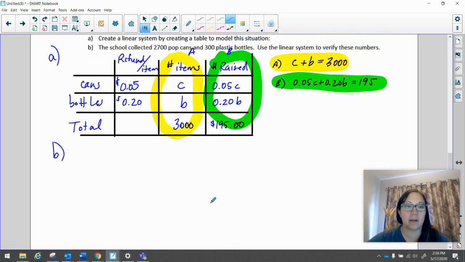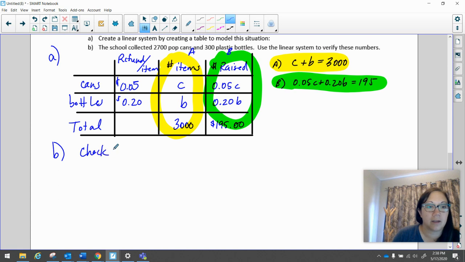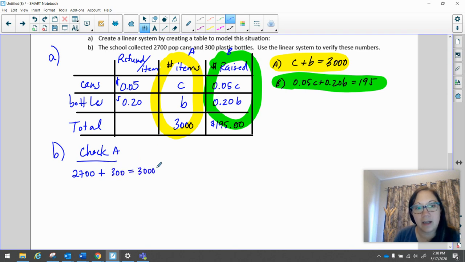So I'm going to check those numbers in equation A. So 2,700 pop cans would have been the C, and the 300 plastic bottles would have been the B. And the question is, does that equal 3,000? And 2,700 plus 300 does equal 3,000. So it satisfies equation A.